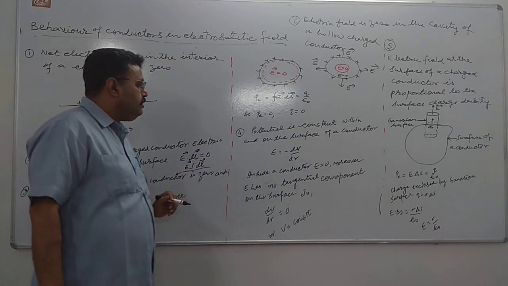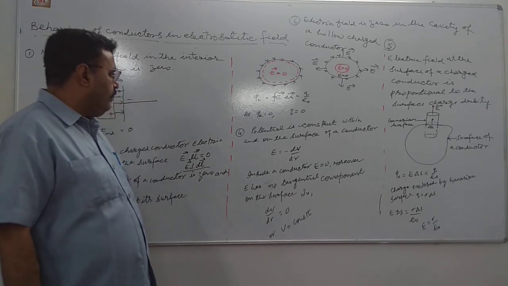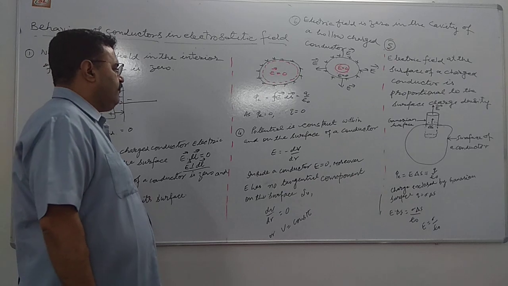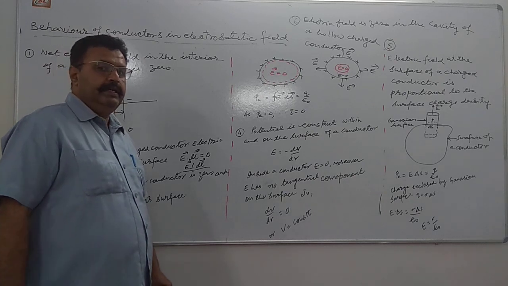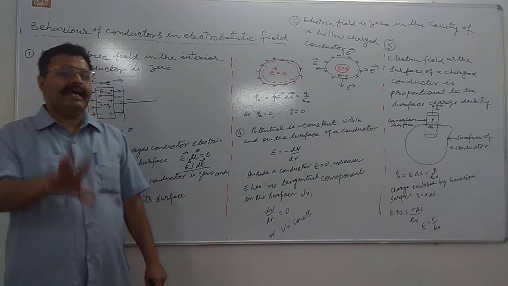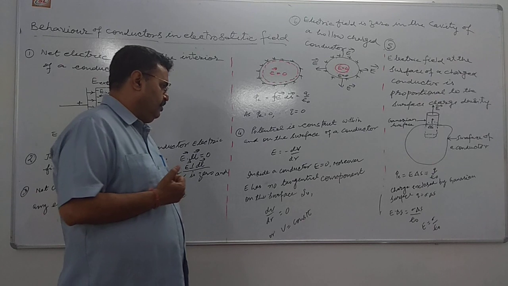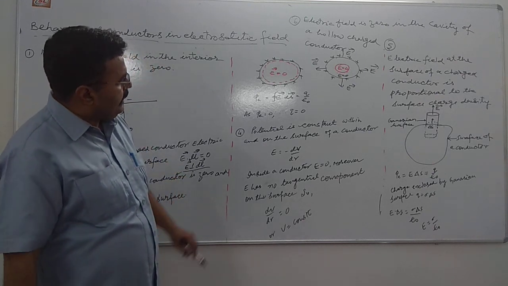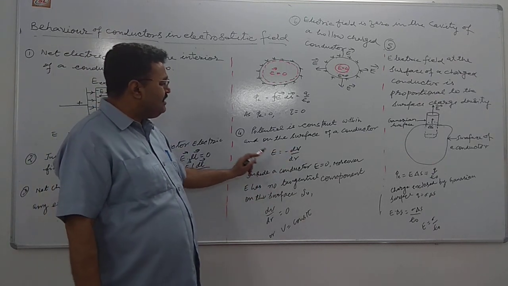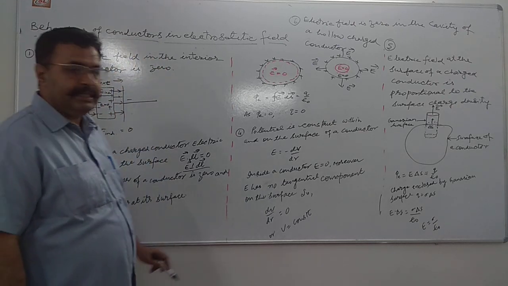Then the fourth point: potential is constant within and on the surface of a conductor. Electric potential remains constant inside a conductor as well as on the surface of a conductor. That can be proved by taking this relation between the electric field and the potential gradient.